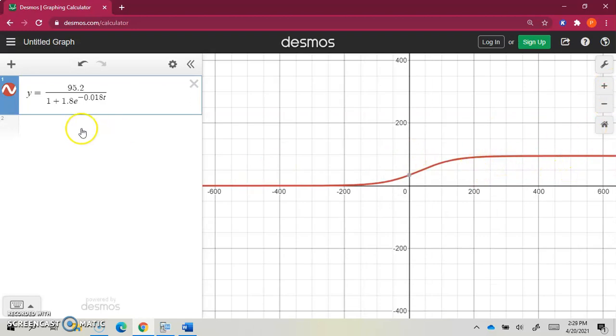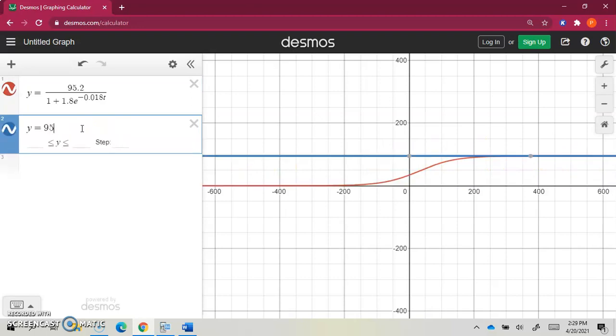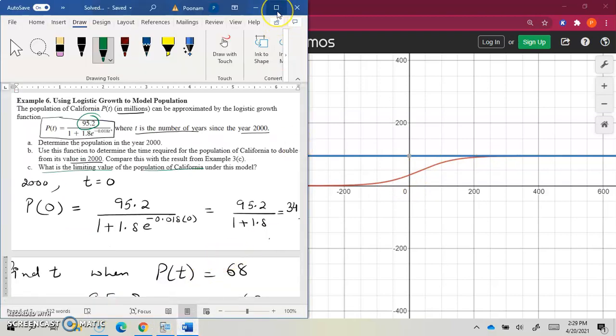For that, I want to show you that if I draw this horizontal line, that is the horizontal asymptote of this function. That means at the maximum, the population will grow to 95.2 million. So that is the answer to this.